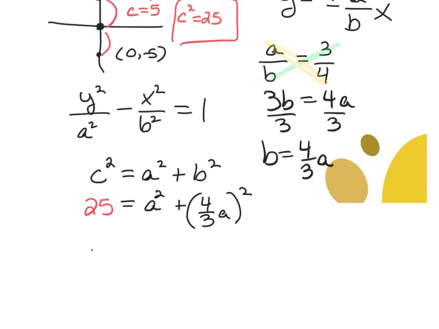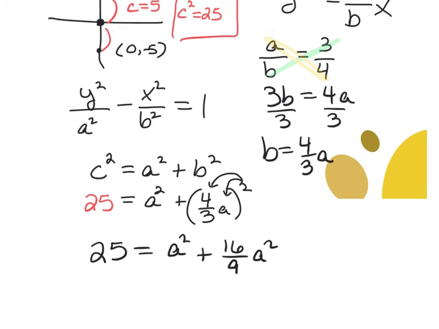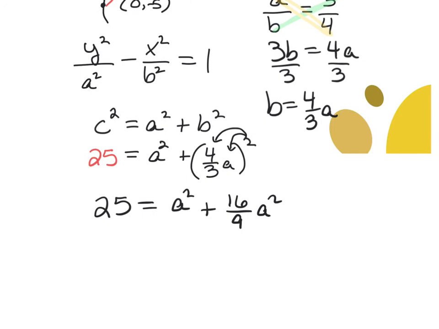So now I get 25 equals A squared plus 16/9 A squared. I'm squaring the 4/3, and I'm also squaring the A. I need to add these like terms. This is a 1A squared. I'm actually going to change it to a 9/9, so I have a common denominator, because I know 1 equals 9/9.